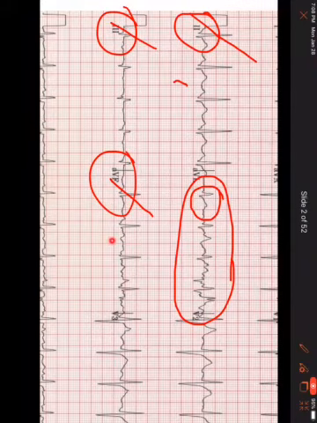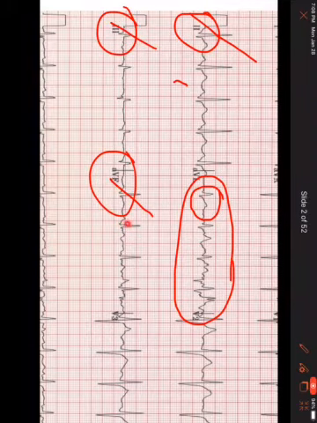And then I'll go to AVF, my third lead for inferior. So again, I'll try to highlight with my laser here, about right there, I would call my ST segment.